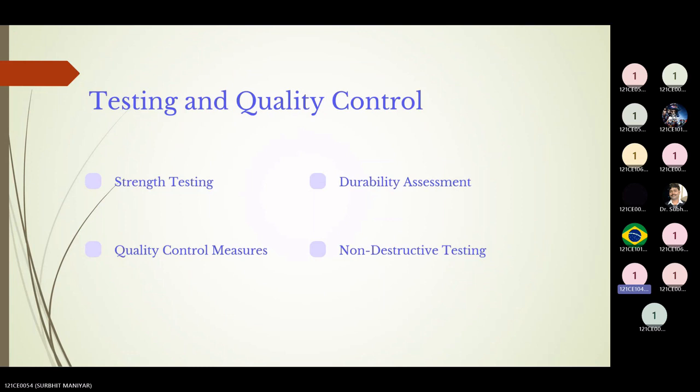Non-destructive testing uses methods like, as we have normally seen in concrete, UPV, ultrasonic pulse velocity, and rebound hammer testing. We also use this non-destructive testing for hardened concrete.